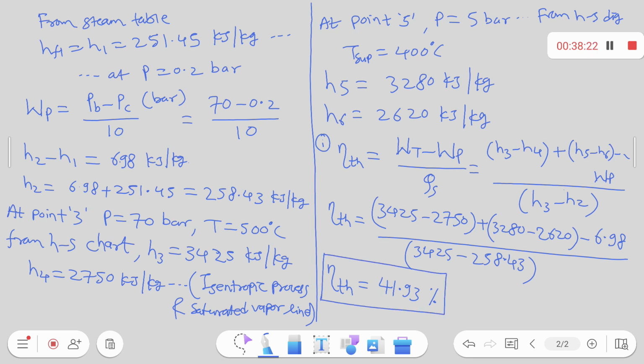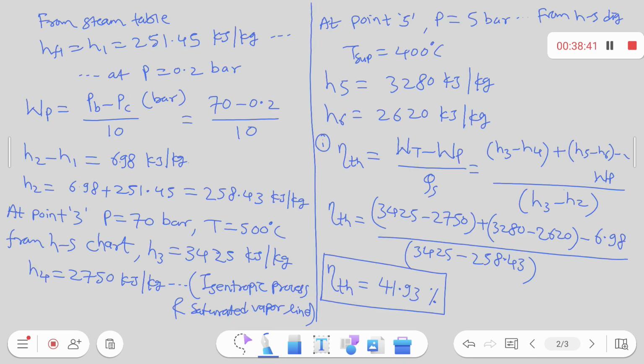Right. Now what is the next thing that you need to calculate? Work in megawatt. Now you already know the turbine work, H3 minus H4 plus H5 minus H6.